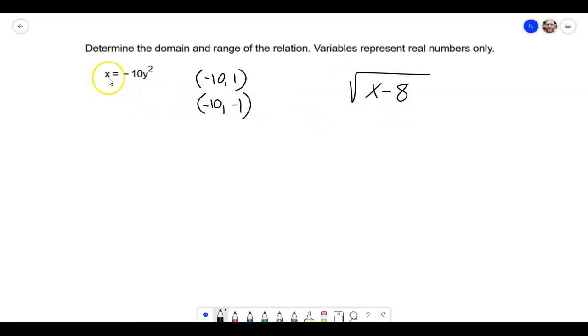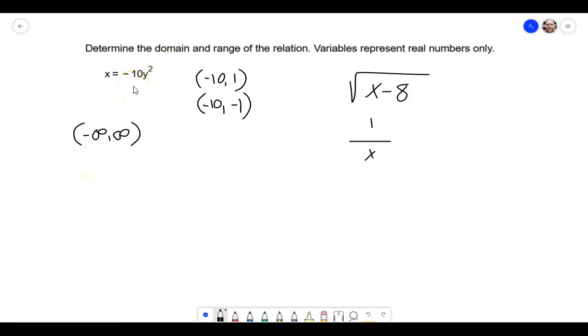So since I can put in anything I want for x and anything I want for y, there's nothing stopping me. There's no square roots, there's no denominator. So if I had like 1 over x, I couldn't put a 0 in here because we can't have a 0 in a denominator. There's nothing stopping me from any of those numbers. Therefore the domain and the range is going to be negative infinity to positive infinity for both the domain and the range. We can basically put in any values that we want.